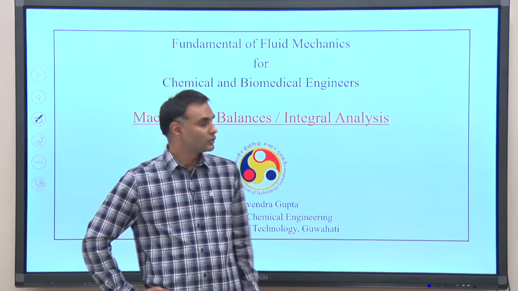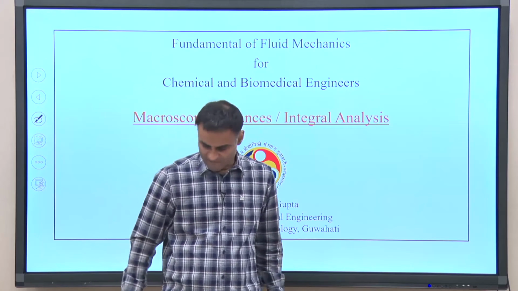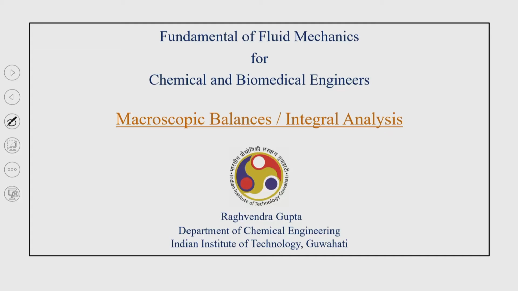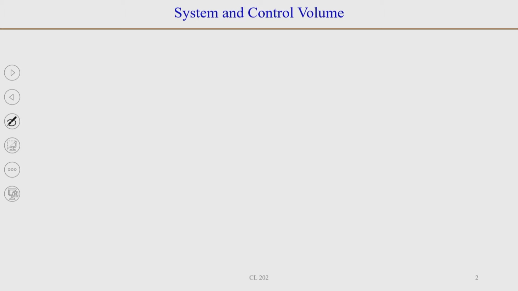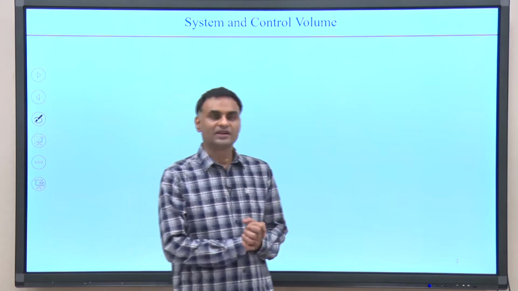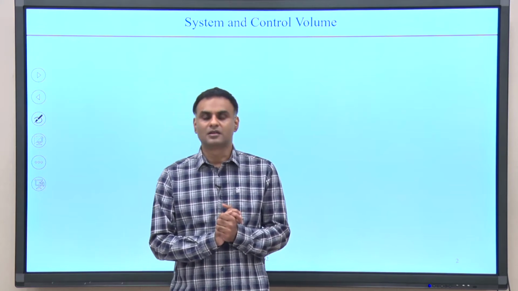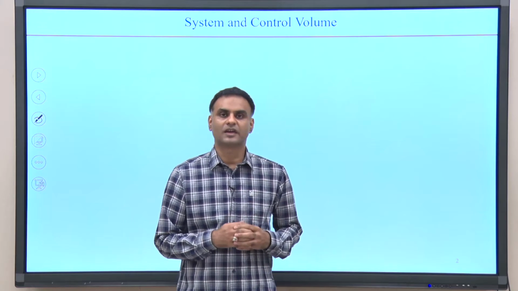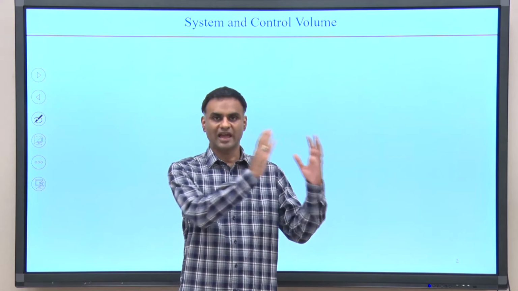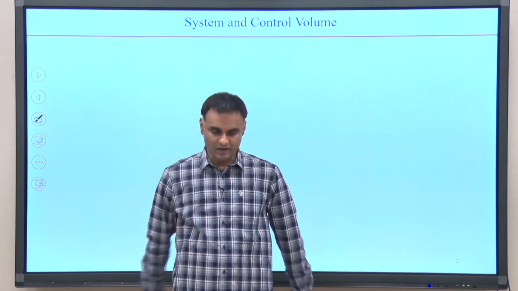So, what we are going to talk about in this module is macroscopic balances, which we also know as integral analysis. Now, as we discussed in the introduction, fluid behavior can be analyzed using the Lagrangian approach or the Eulerian approach.